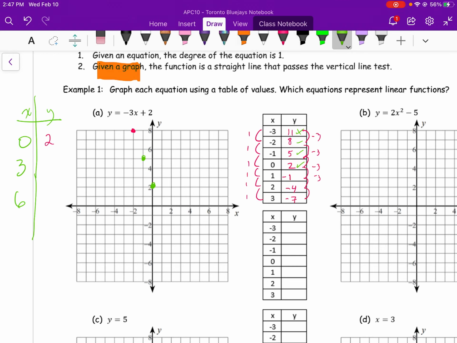My next point is going to be 1, -1. Then 2, -4. Then 3, -7. Now, the hard thing for me, not for you, you hopefully have access to a ruler, in front of me I don't. So what we notice is that it should follow an exact straight line. There is example number 1.